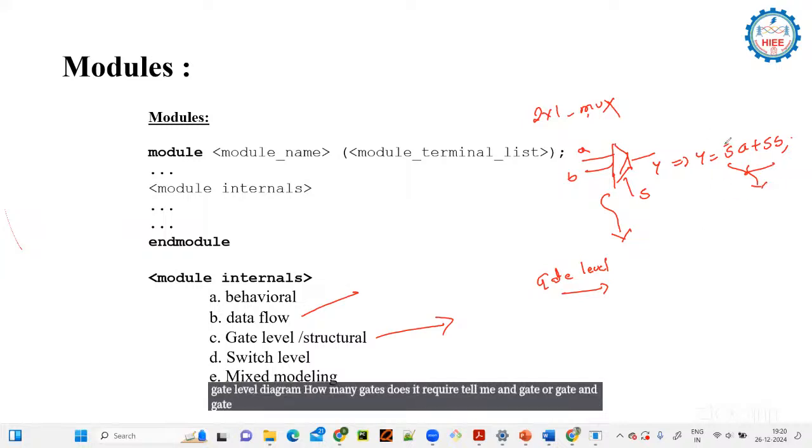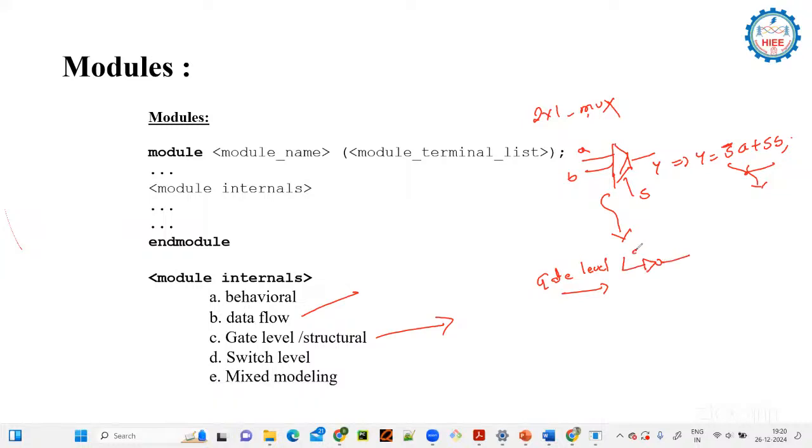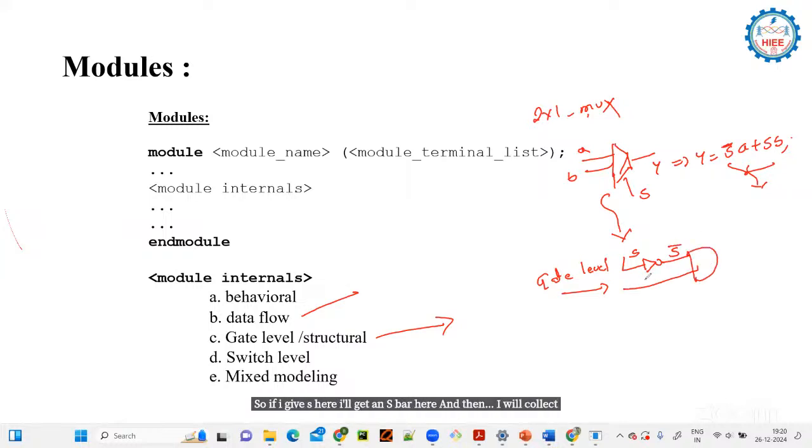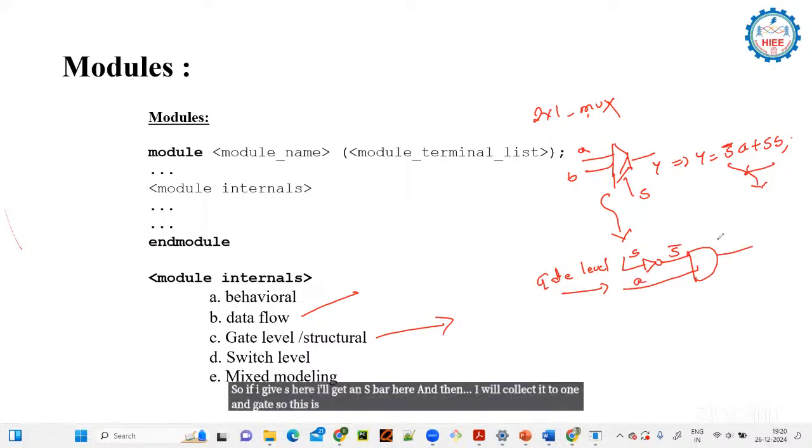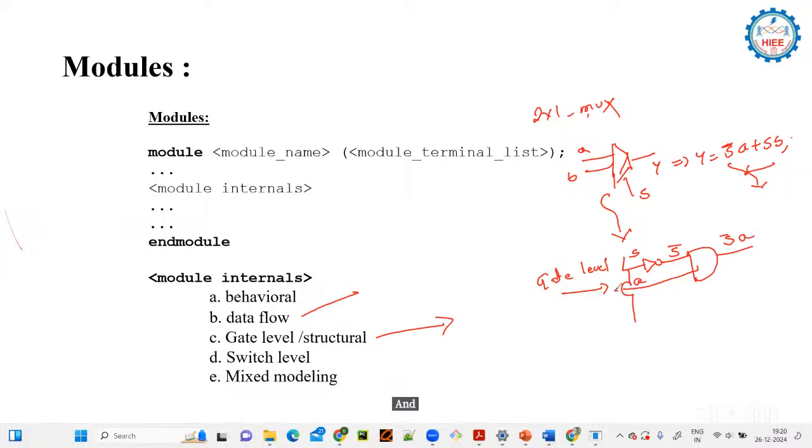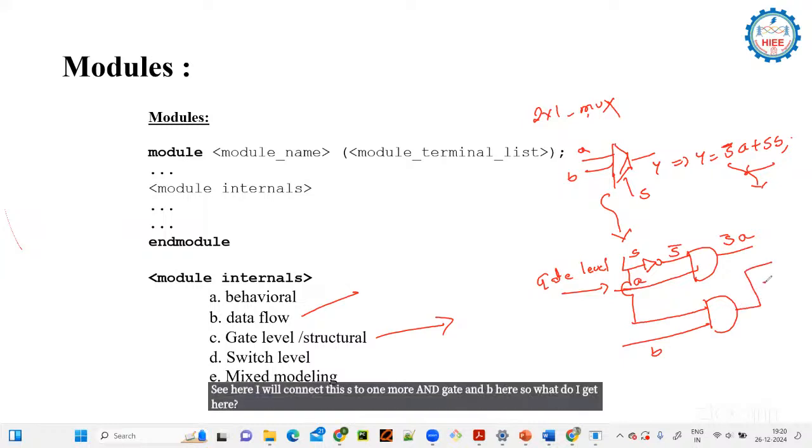In order to implement the functionality of S bar, I need a NOT gate. So if I give S here, I'll get an S bar here. Then I will connect it to one AND gate, and this is my A. So what do I get here? S bar A. I'll connect S to one more AND gate with B, and I'll get SB here.